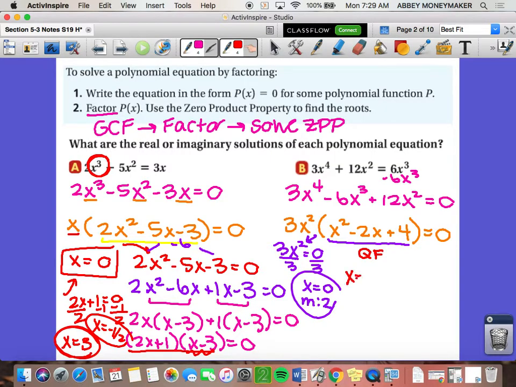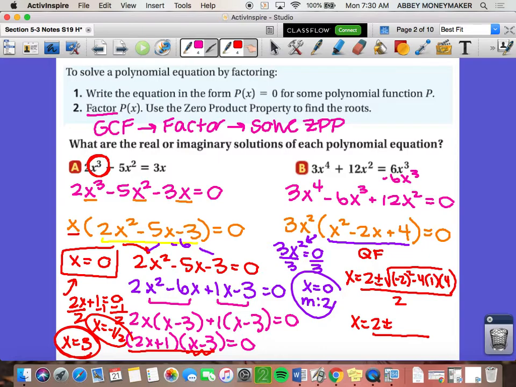So we have x is equal to negative b plus or minus the square root of b squared minus 4 times a times c, all over 2 times a. So that gives me x equals 2 plus or minus. Let's remember to simplify that discriminant.